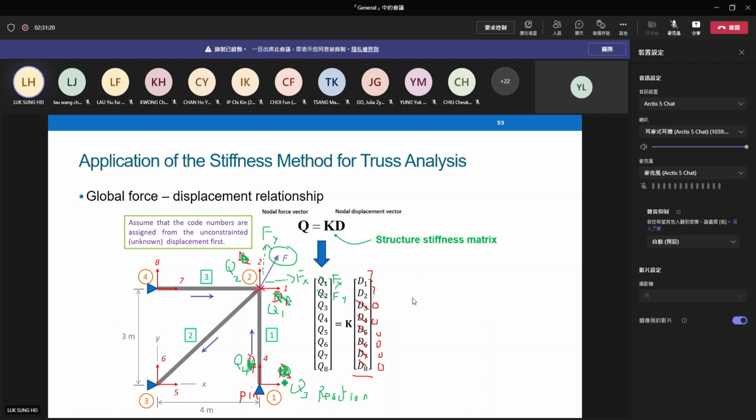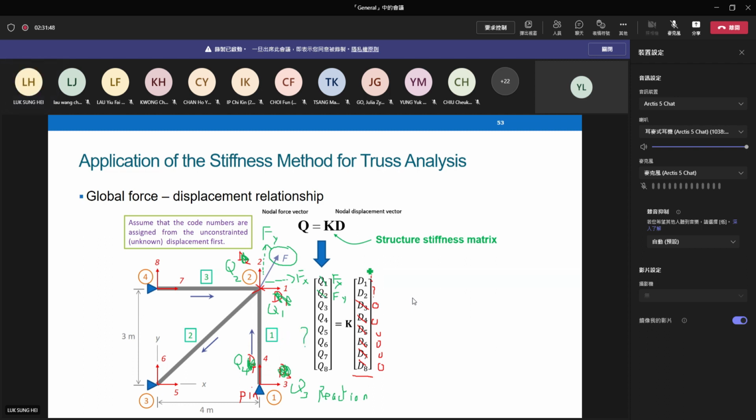Q4 is also a reaction at the pin support. Similarly, Q5, Q6, Q7, Q8, they are reactions. We don't know the support reactions at the beginning. If you knew the reactions, then you wouldn't need to do the analysis. So Q3, Q4, Q5, Q6, Q7, Q8 are unknowns that we want to solve.